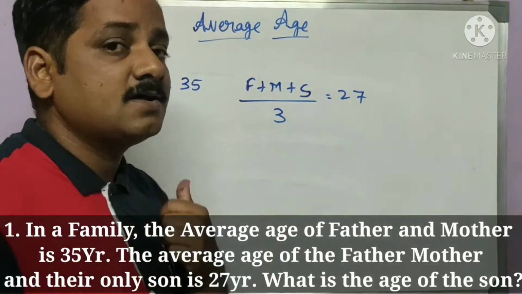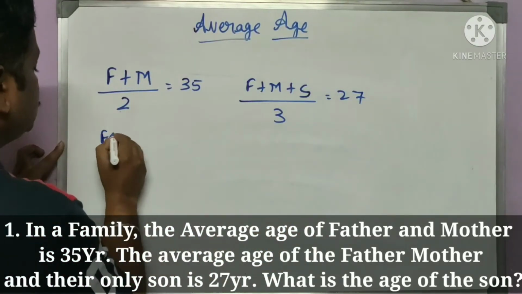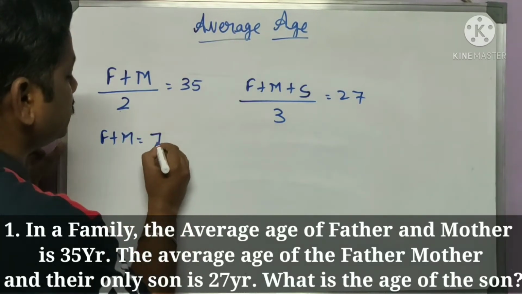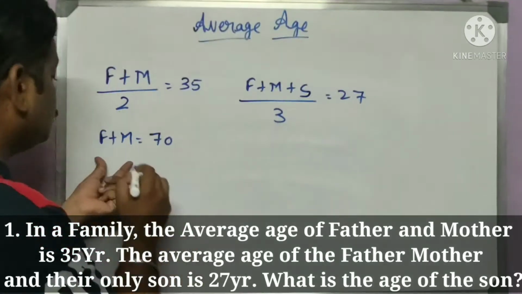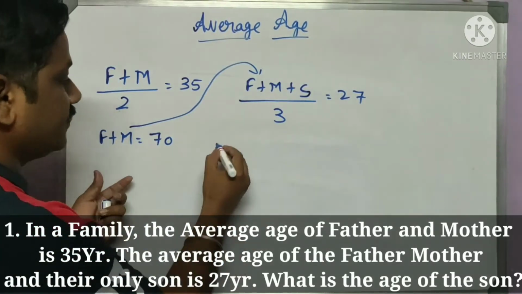Let me take the age of the son as s. Using the first equation, the age of father plus mother is 35 into 2, that is 70. Now we put this in the second equation.